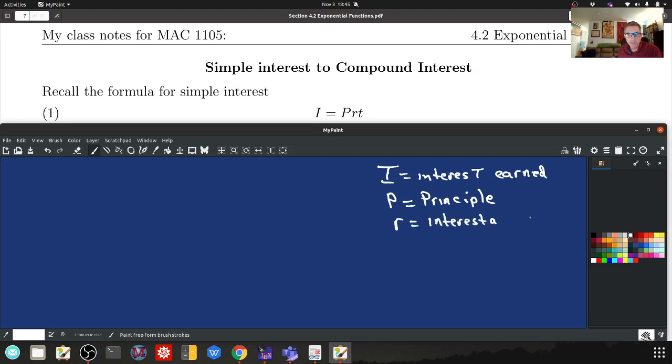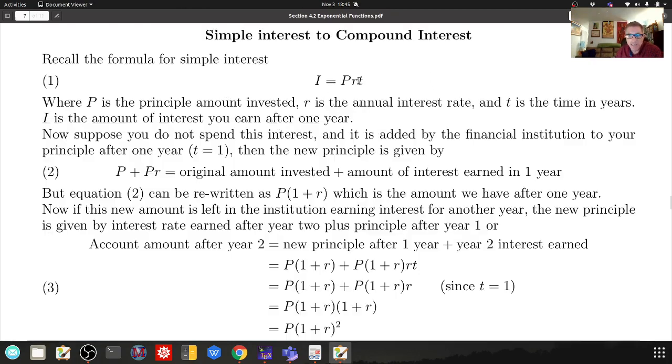Now that's usually given in percentages, and of course we always take that down to an actual number by dividing by 100. And T is our time, and that's usually given in years. So that's our formula on how much interest we earn after 1 year or after however many years is indicated by T.